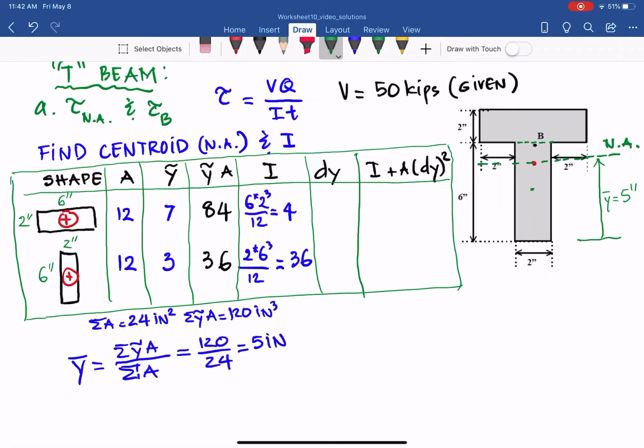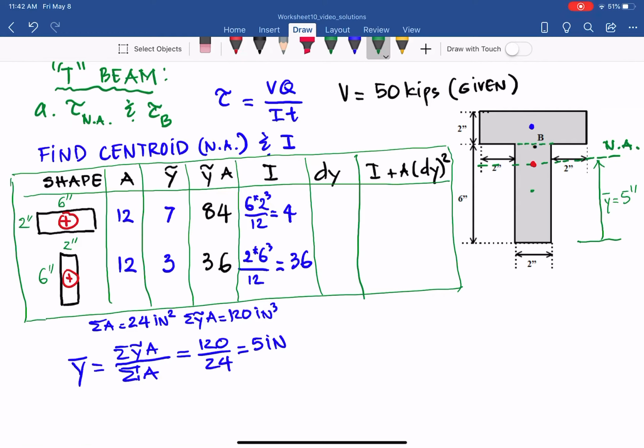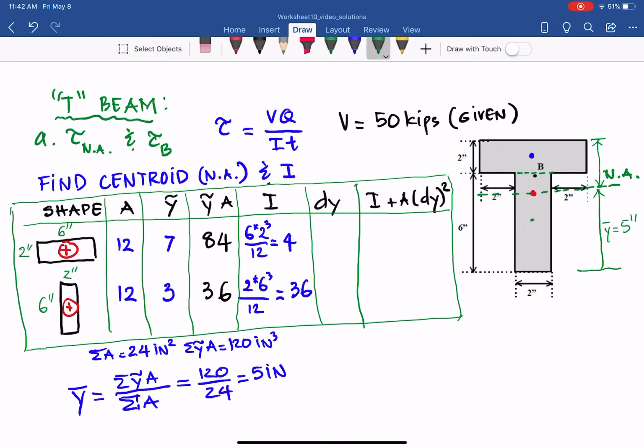So the first dy, look at the one I put on the left here. It will be from this point, the centroid of the standard shape on the left, to the neutral axis of the whole cross section. The bottom is 5, and the top, since the whole thing is 8 minus 5, is 3 inches.